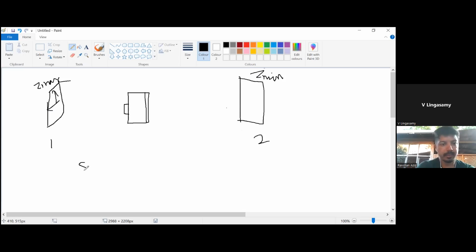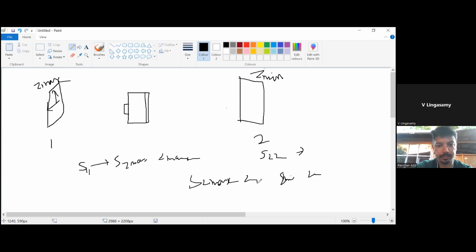If you want to measure S11, it is Z max, Z max. S22 is Z min, Z min. If you want the cross function, like coupling between these two, then you talk about Z max, Z min.